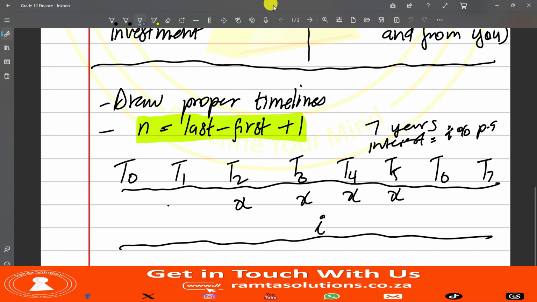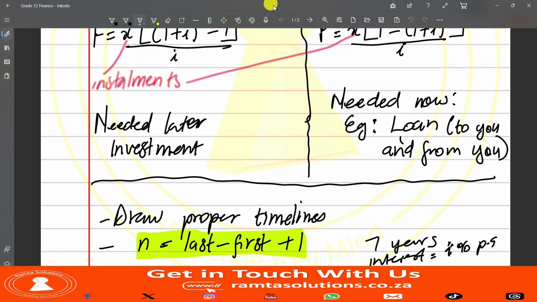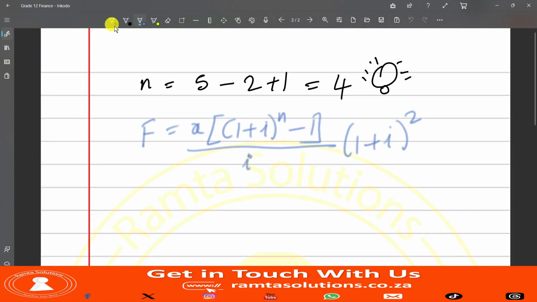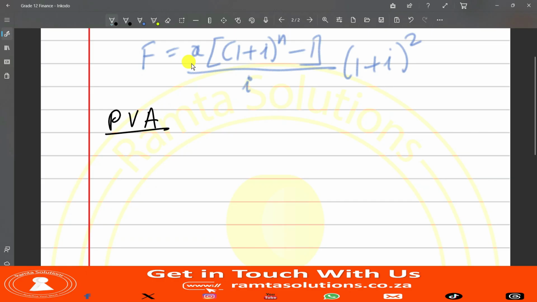Okay, so we don't have to say much on future value annuity. I want to talk more on present value annuity. For the present value annuity, I want to expand on this. You can get a loan.